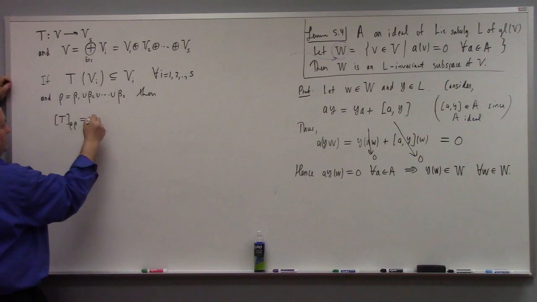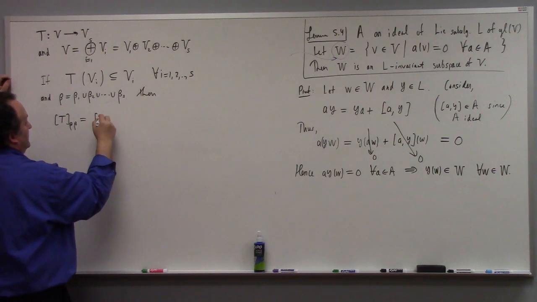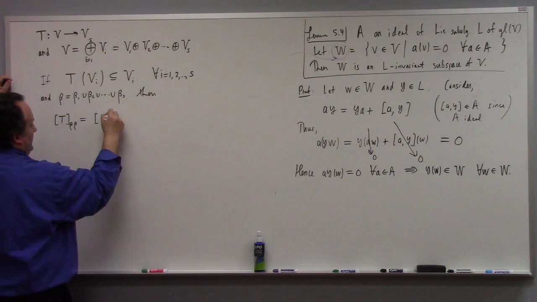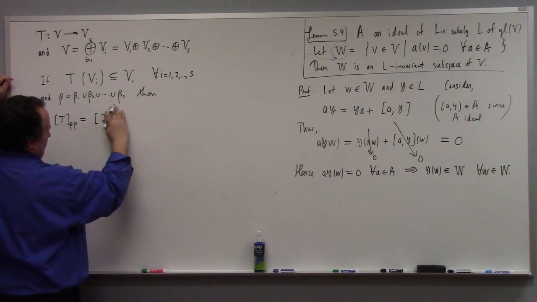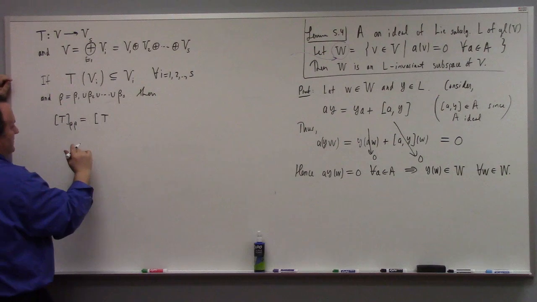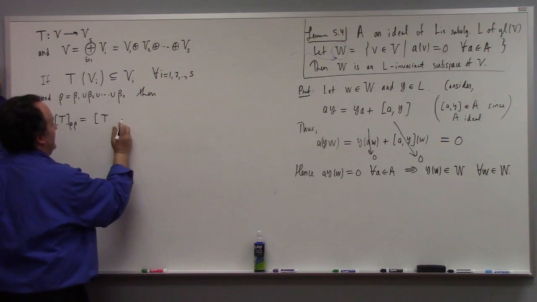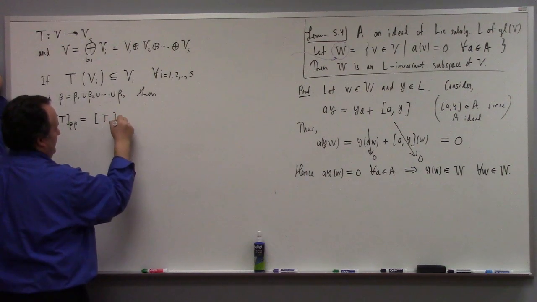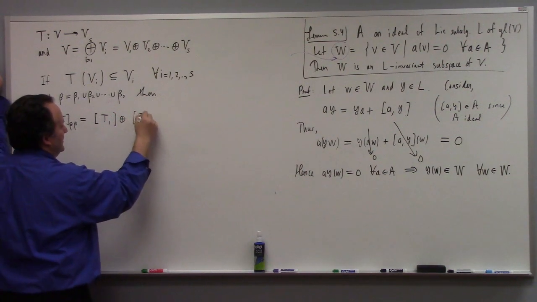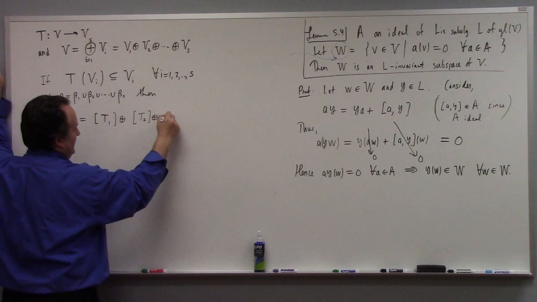is actually the direct sum of T restricted to beta 1. Let's say, how can I say this elegantly? I need a new notation here, so let's say it's T1 direct sum with T2, direct sum with and so on.